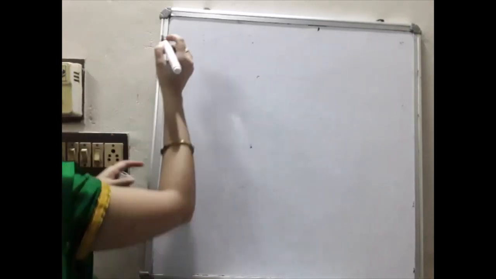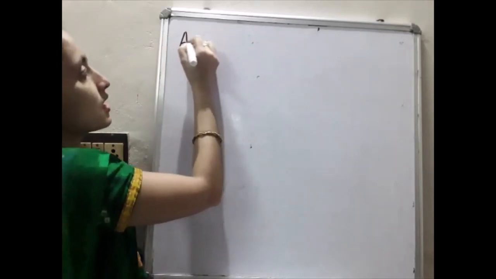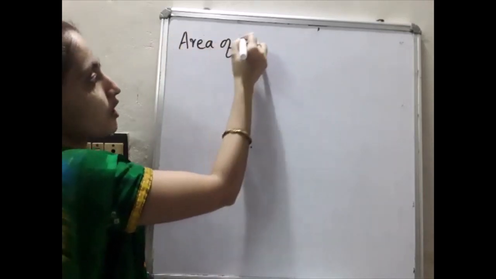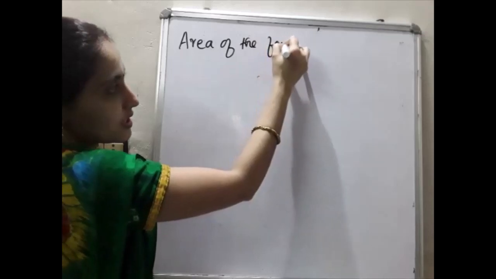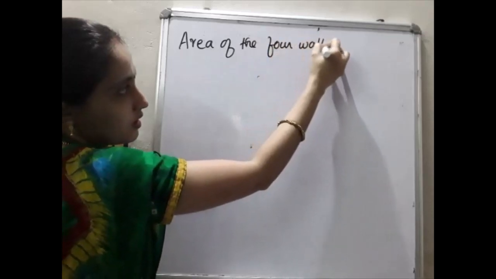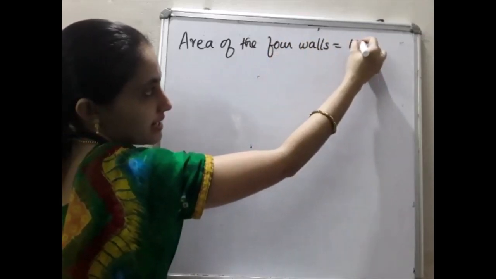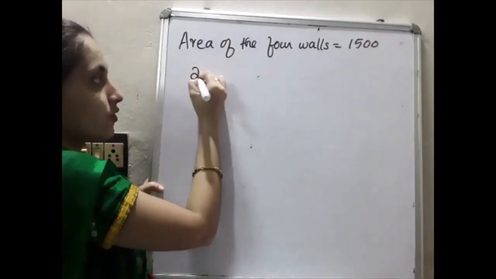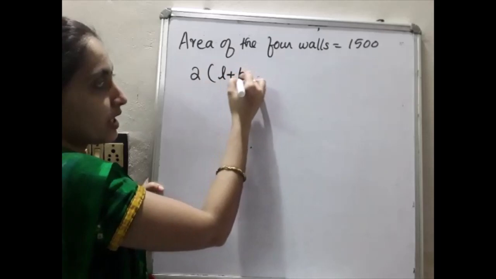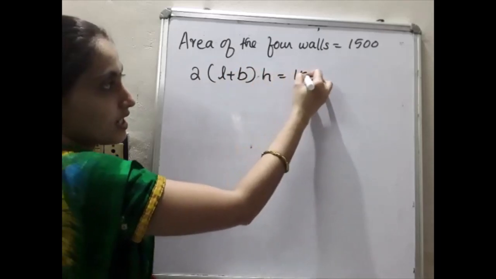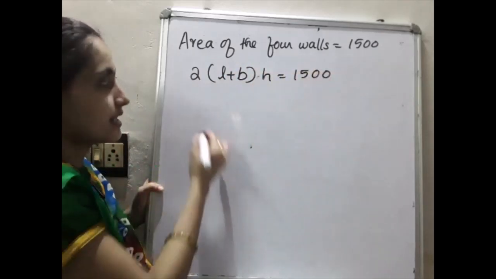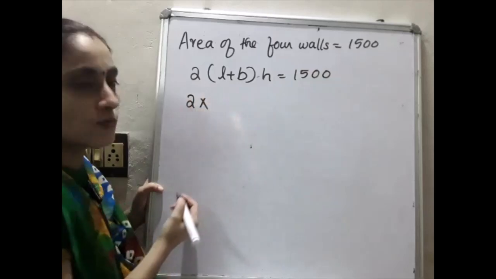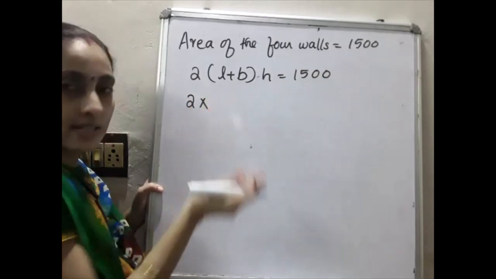Listen here. The area of the 4 walls is given, and we got the answer as 1500. What is the formula for the area of the 4 walls? 2 into (L plus B) into H is given as 1500. What is the value of L plus B?